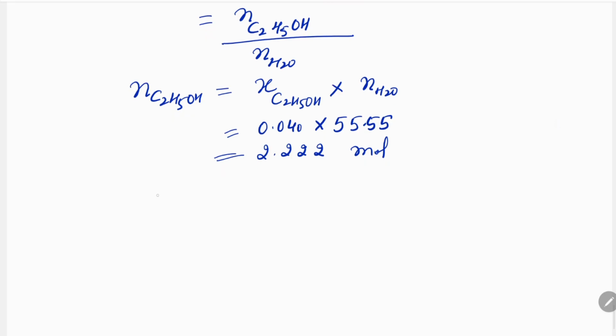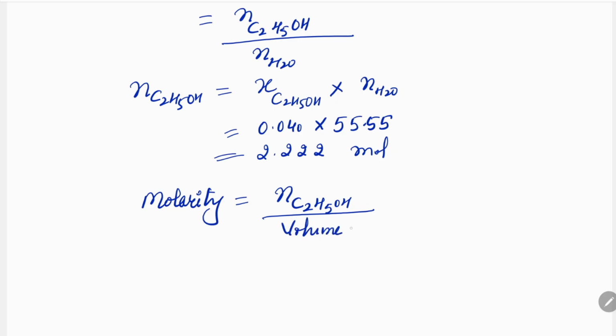Our question asked us for molarity. Molarity is equal to the number of moles of solute, which in this case is ethanol, divided by the volume of solution, which over here we have taken as 1 liter.